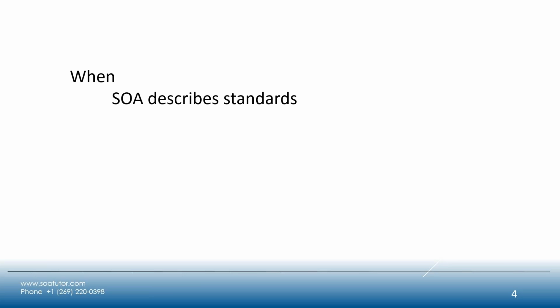Okay, so SOA describes all these standards, right? Or in other words, SOA gives you all these principles, but how do we achieve it? If someone asks me to build a SOA application, I know that I need to follow these 7 principles. But how do I write the code? I cannot do everything, right?